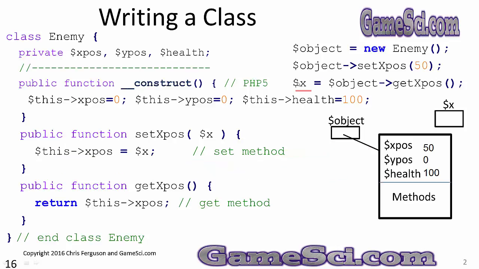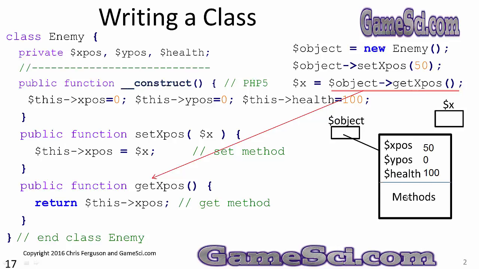setXPosition is done, and we're going to go over here and we'll create a variable outside the object. This $x is my variable that belongs to this code over here, so I'll set up $x over here. Then after I set up that variable, I'll call $object arrow getXPosition. Go to this object, go inside that object, and execute a getXPosition method.